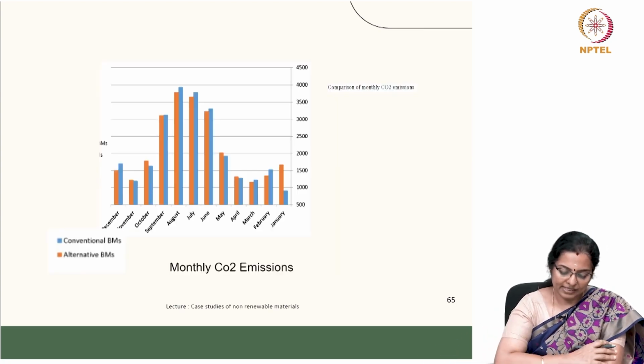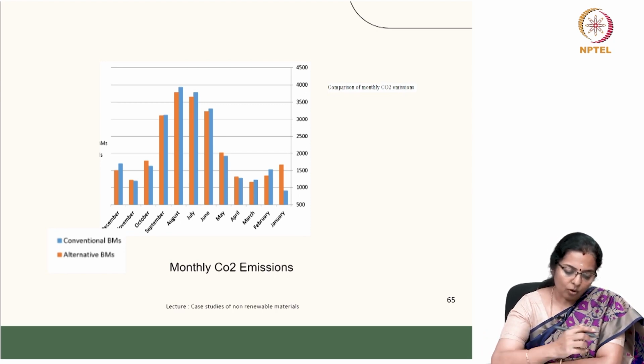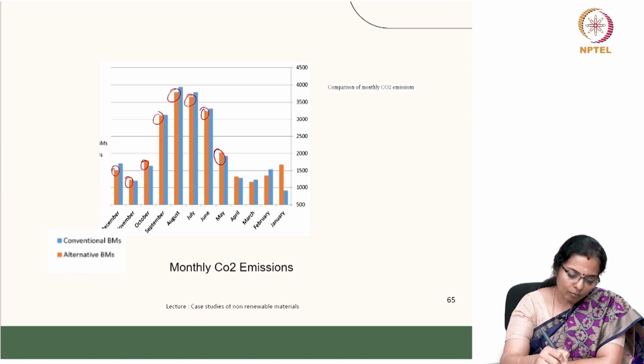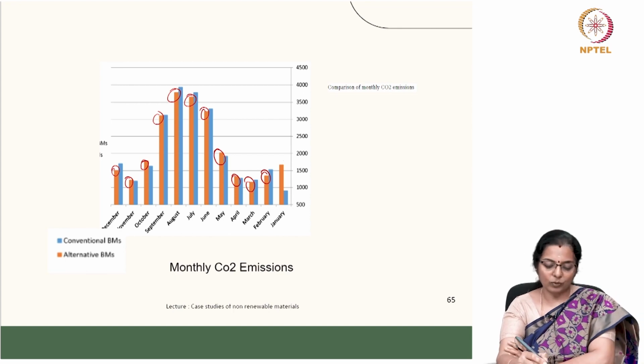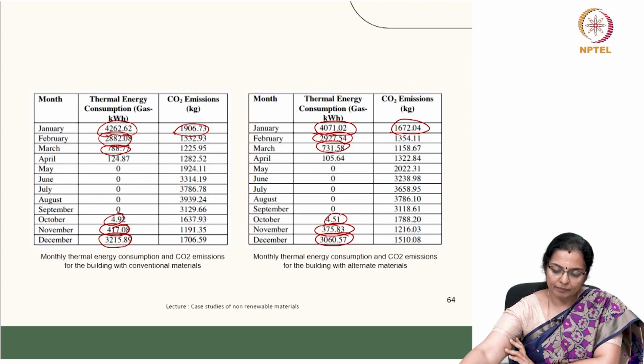Here you can see the monthly carbon dioxide emissions of all alternate building materials is more or less lesser than the conventional one, except some months.